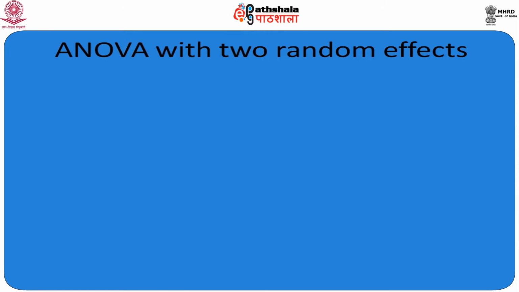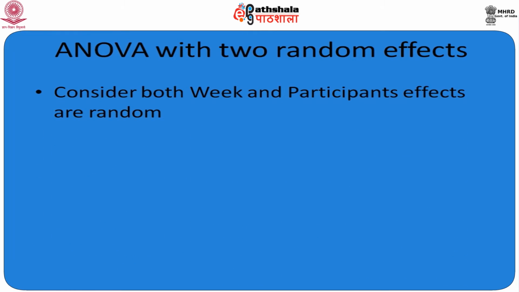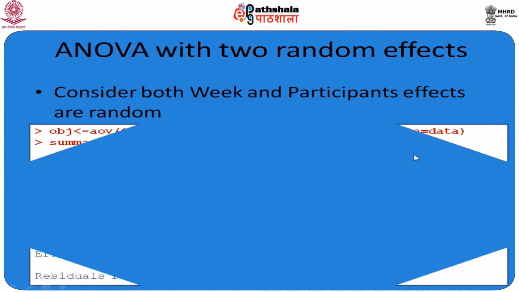Now, as I mentioned, in a second step I am going to consider the week also as a random effect. So, with two random effects instead of a mixed effect, I can fit the random effect model. Consider both week and participant effects are random.